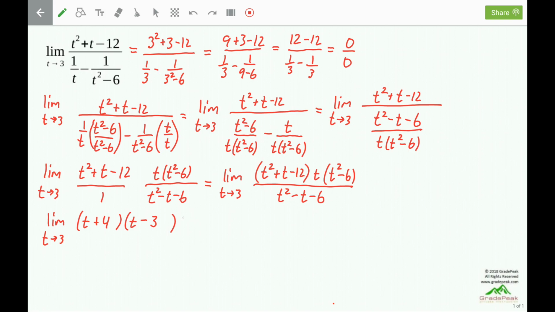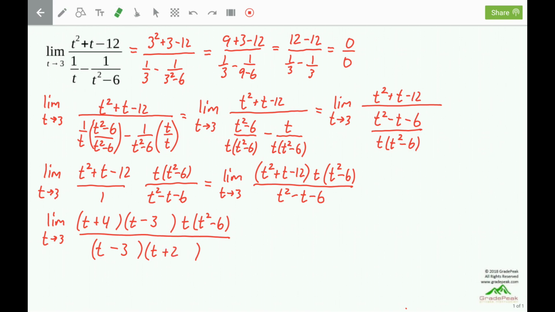And we also have the t, and we have the t squared minus 6. All this is going to be over, and we're going to factor out the trinomial quadratic in the denominator. That will have a t and a t. We need two numbers to multiply to a negative 6 and add to a negative 1. So that sounds like we would want a negative 3 and a positive 2.